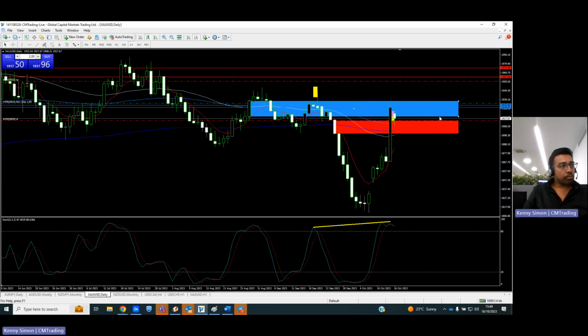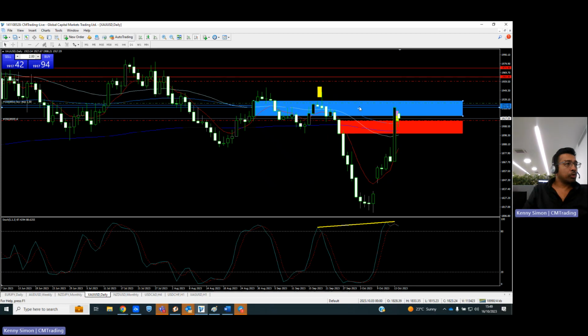That black area right there is your gap, like no man's land, where you shouldn't place a trade based on that black zone.